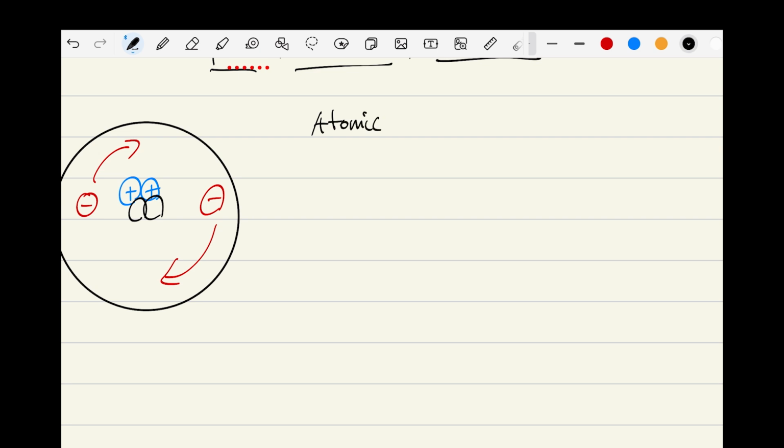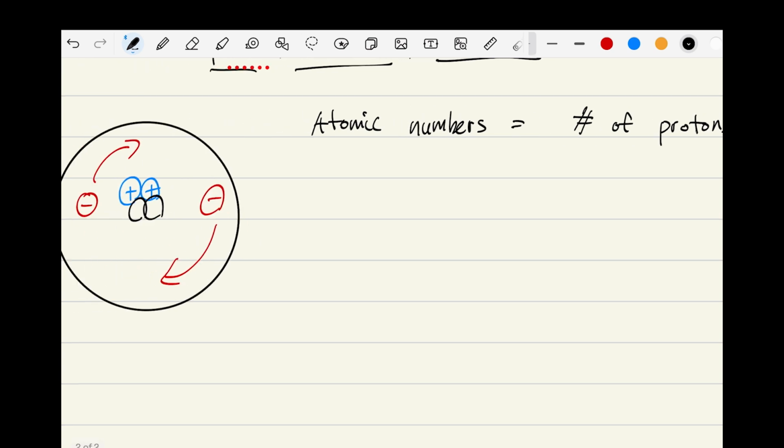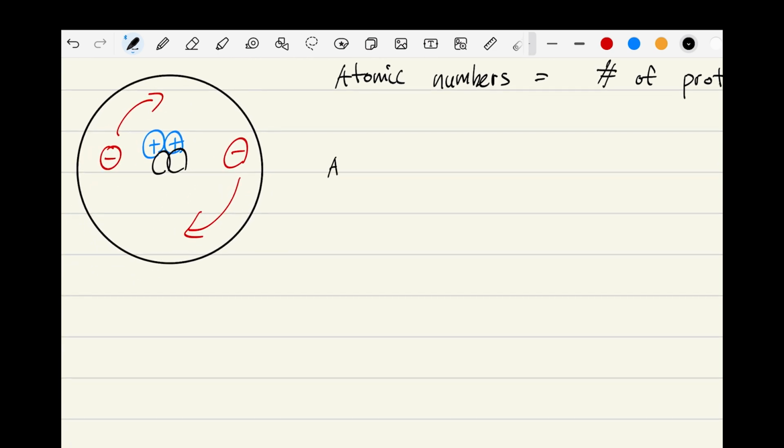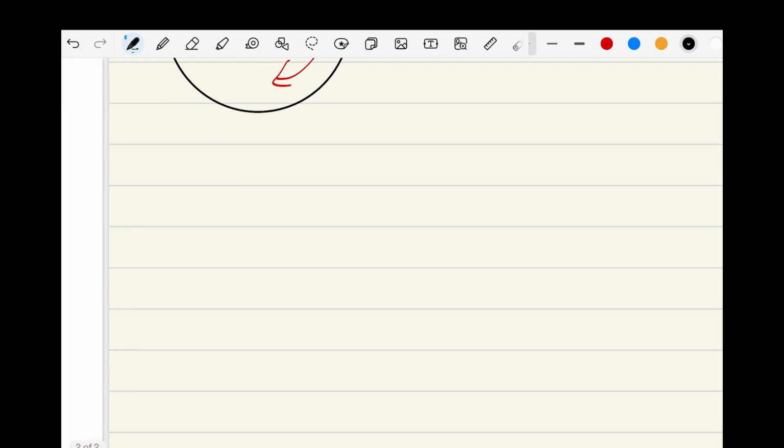Atoms have something called an atomic number, and this is equal to the number of protons inside them. And they also have something called atomic mass, which means the number of protons plus the number of neutrons.